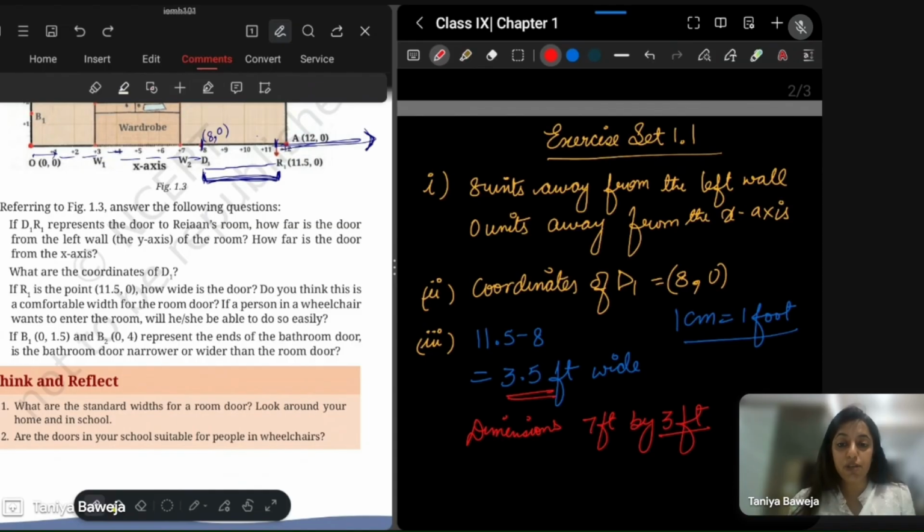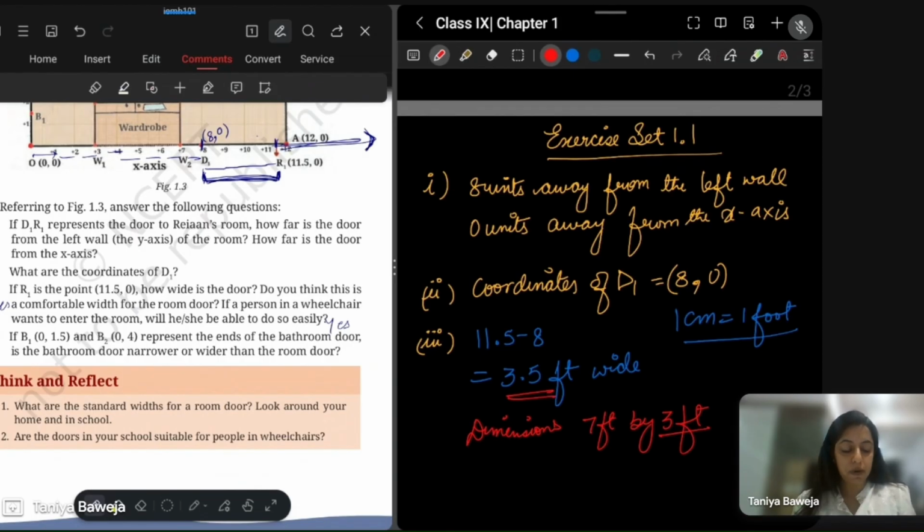So will he or she be able to do it easily? For this we should know the width of a wheelchair. A wheelchair's width is generally 3.5 feet only, so a person will easily be able to pass. So yes, a person will be able to pass here, and it is a comfortable width as well.